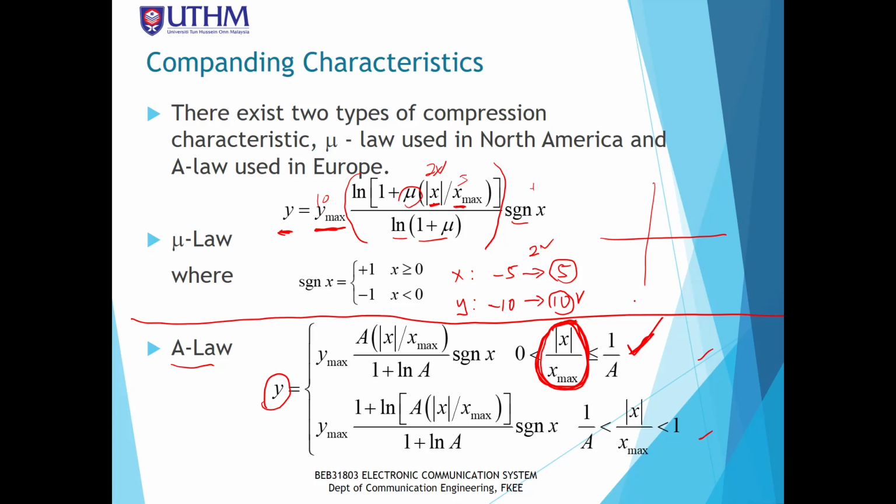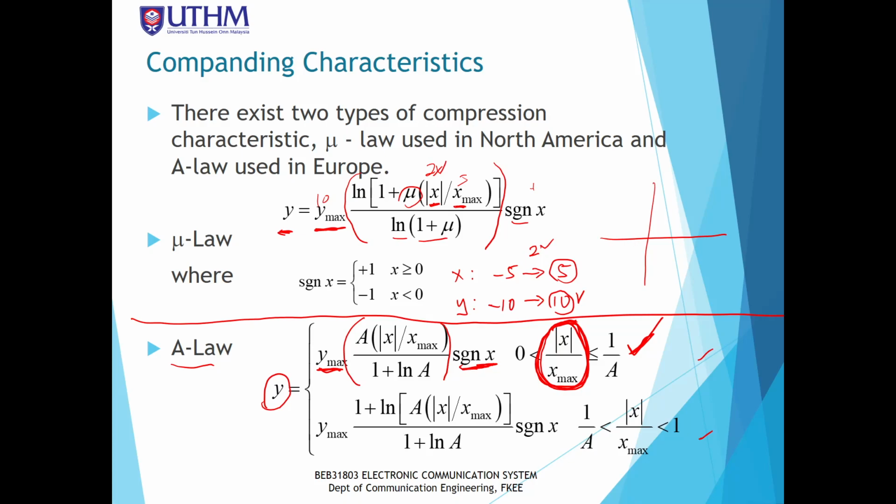The first equation says that the output of the quantizer is equal to the maximum quantized level multiplied with A multiplied with the ratio of x over x max, divided by 1 plus ln A, multiplied by the sign, depending on the input. If the input is negative, then the sign would be negative. If the input is positive, then the sign would be positive. So sgn x is just for the polarity, okay.